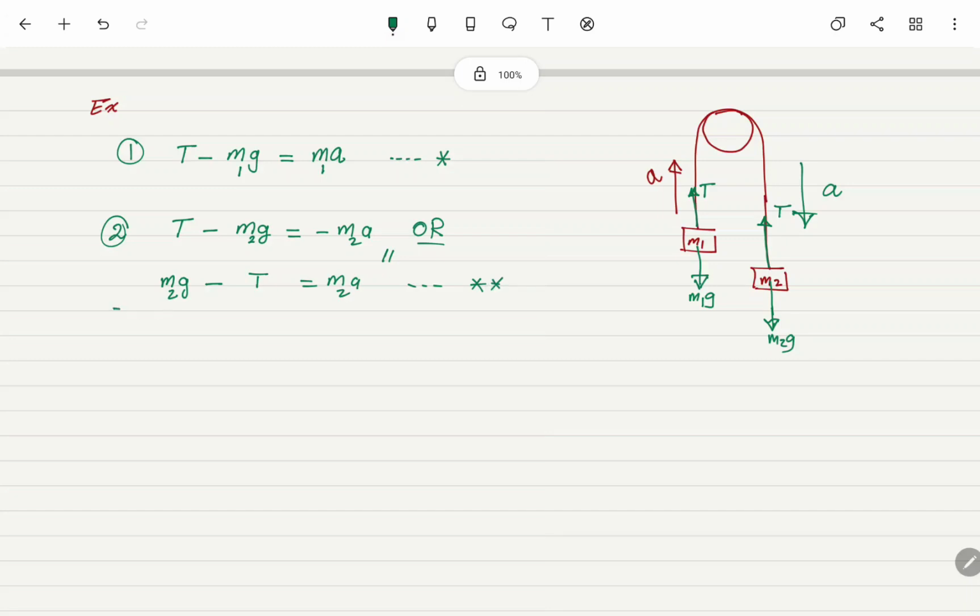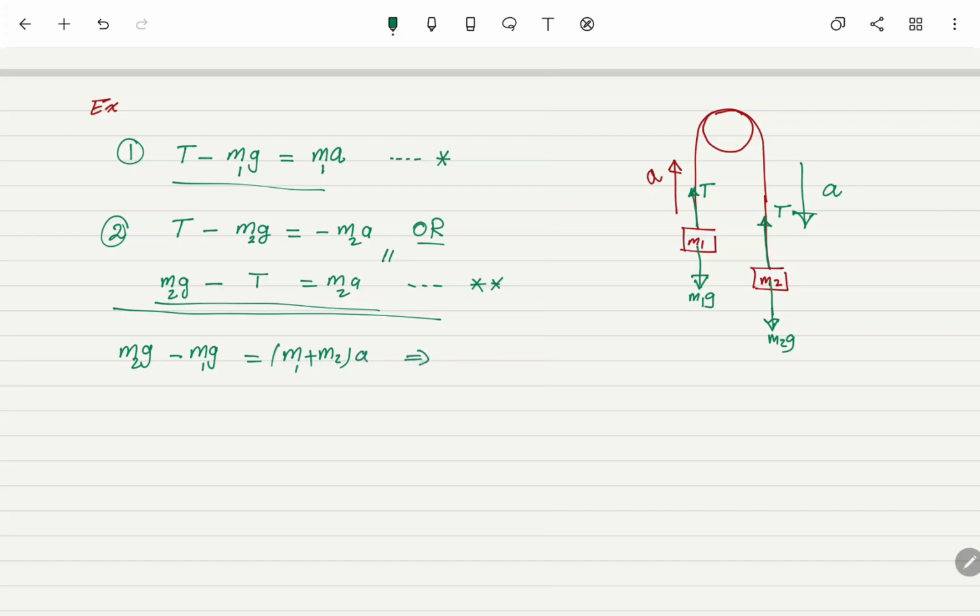Now, adding these two equations together, this one and this one, you will get m2g minus m1g equal to (m1 plus m2)a.